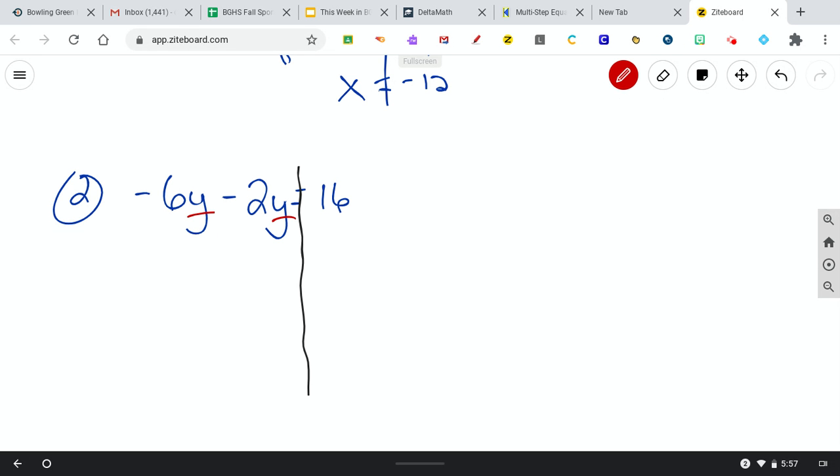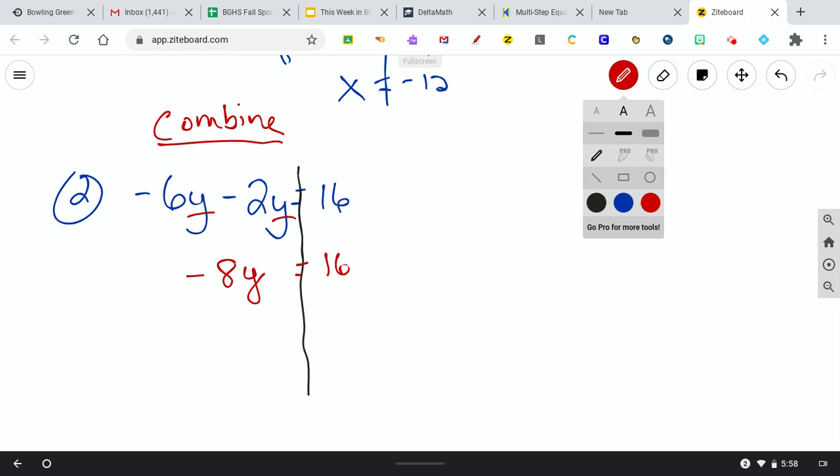So since they're on the same side of the line, I get to combine those. Okay, that means I'm going to put them together. So if you're using your calculator, you'll put negative 6 minus 2. That gives me negative 8y. Then I bring this down, equals 16.